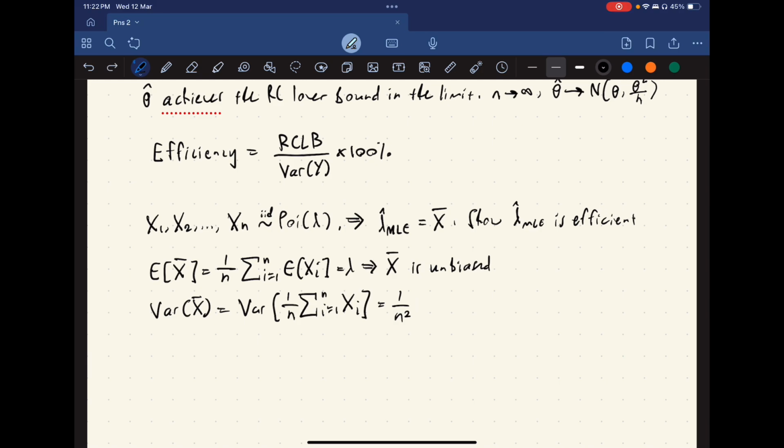Repeating the same arguments as before, since the sample is IID Poisson distributed, the variance across all values of i from 1 to n is the same, so it's n times the variance of x. And the variance of x is the same as the mean. So 1 over n squared times n lambda, so lambda over n.